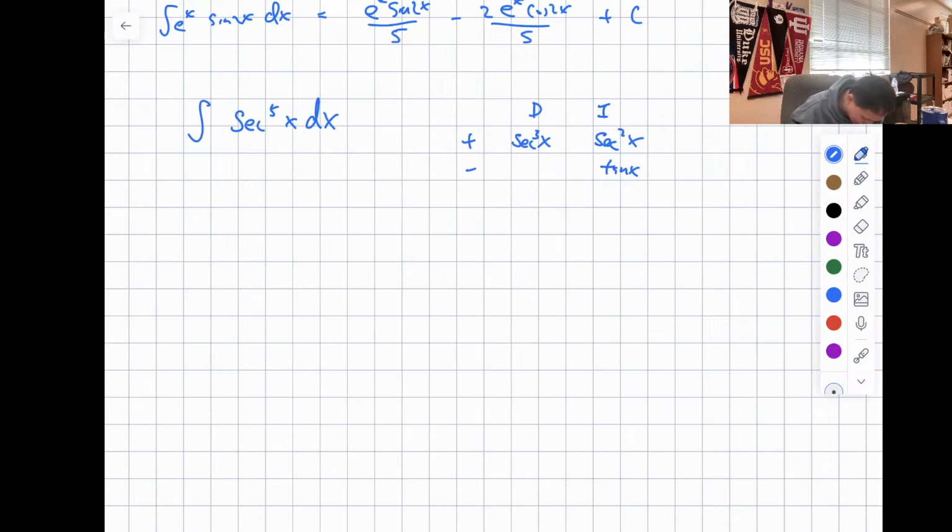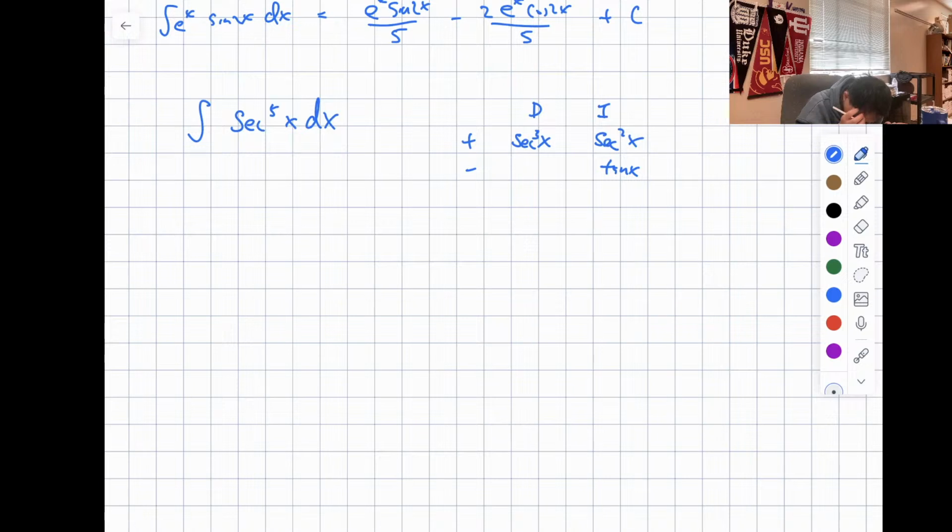And what's the derivative of secant cubed x? Chain rule. Oh, I just realized mine is so bad. It just keeps getting longer. Secant is secant squared.